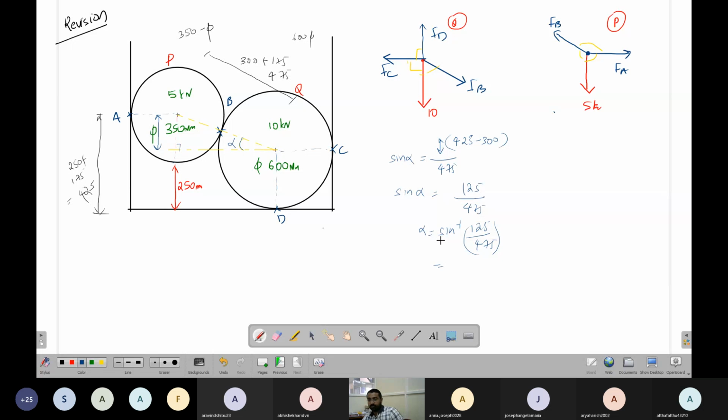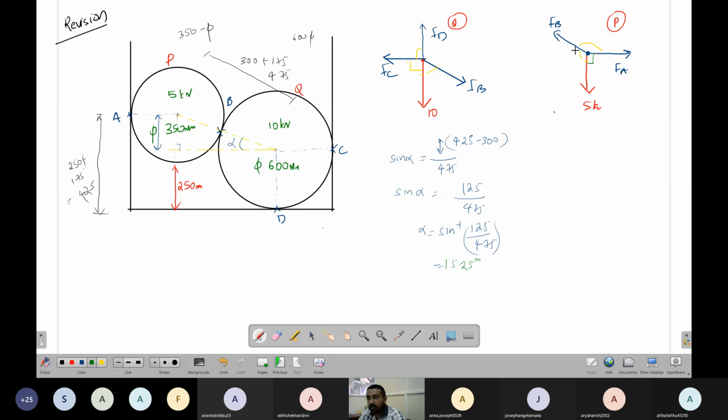What is alpha? Tell me, what is it? Alpha comes to 15.28. Is it 15.28? 15.25. 15.25, correct. So this is 15.25 degrees.